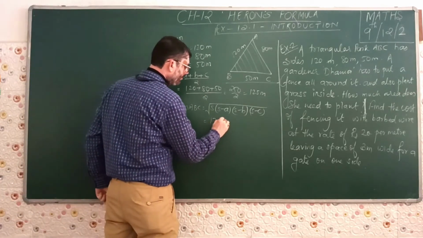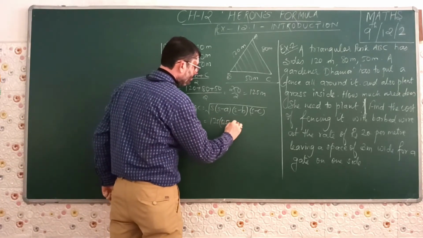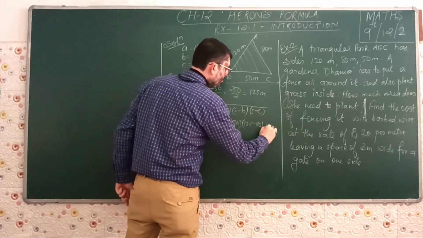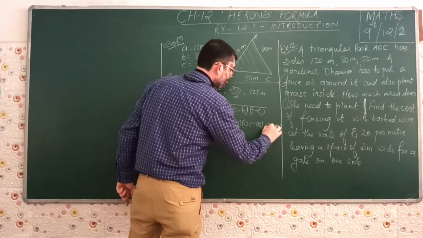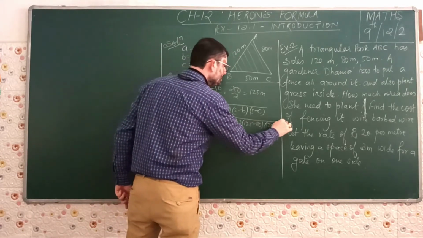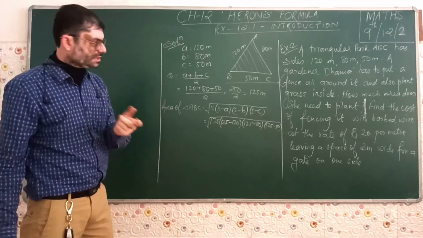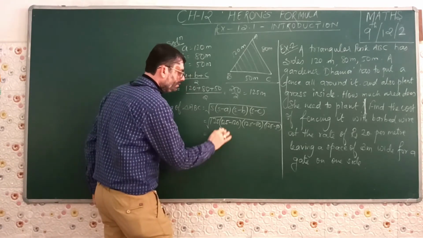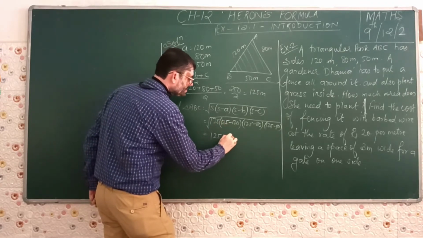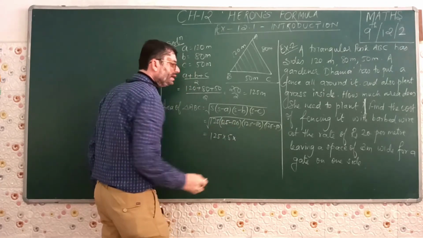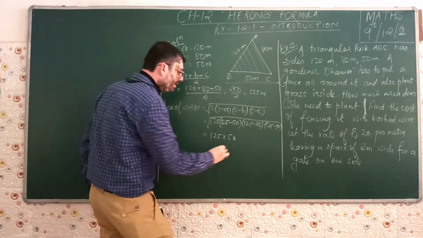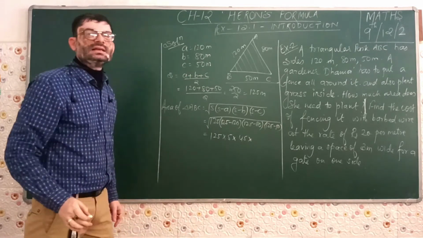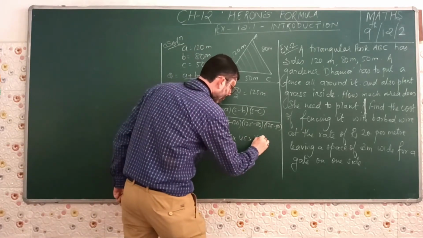So this is 125 into 125 minus 120, again 125 minus 80, again 125 minus 50. The whole answer will be in terms of meter square. So let us simplify it. This is 125. 125 minus 120 is 5. 125 minus 80 is 45. And 125 minus 50 is 75.